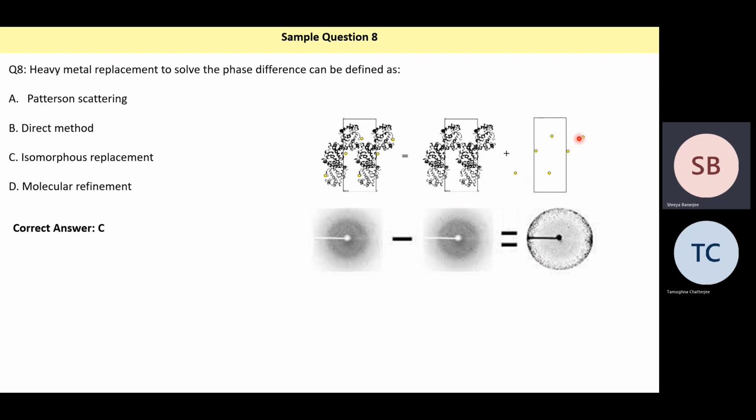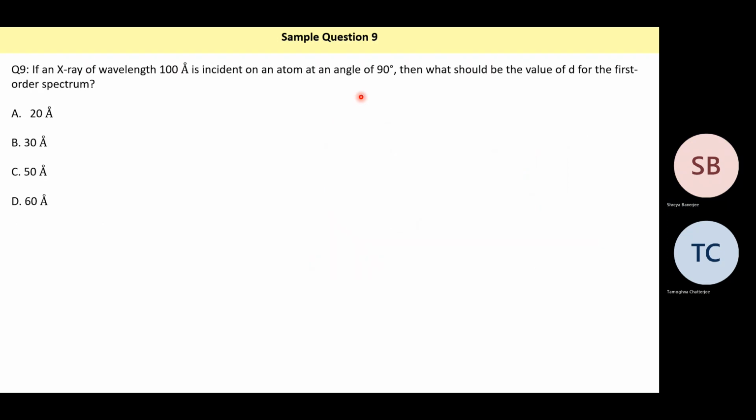And from that, you can find out the position of the heavy atoms. And from the positions, you can find out which are the spaces in the lattice that the heavy atoms are occupying. And that will give you an idea of the lattice structure. And this is known as isomorphous replacement. So generally, we do multiple isomorphous replacement or MIR, but single isomorphous replacement or SIR can also be done.